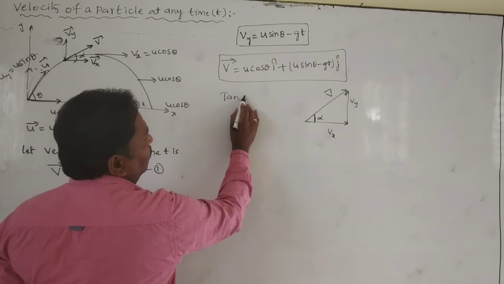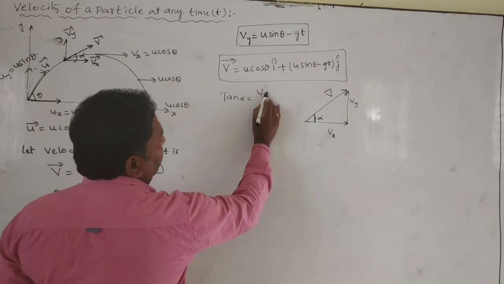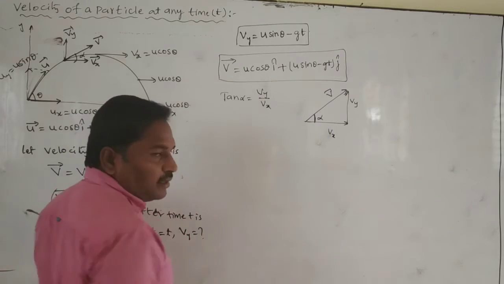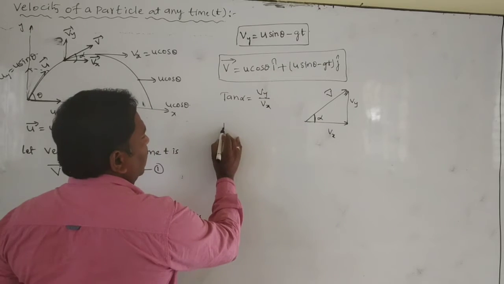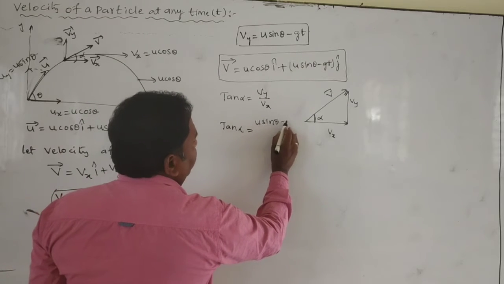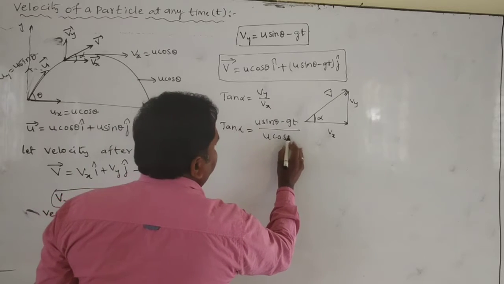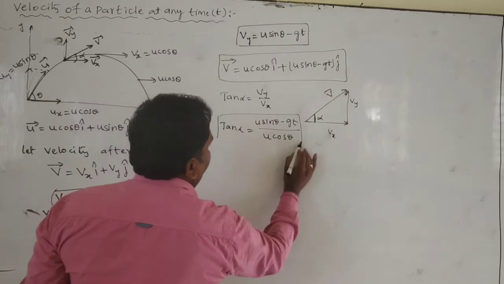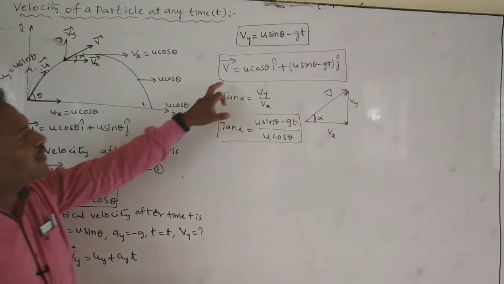Now tan alpha equal to vy by vx. So tan alpha equals (u sin theta minus gt) by u cos theta. This is the formula. Now we are going to find at what time the initial velocity vector and final velocity vector are both perpendicular.